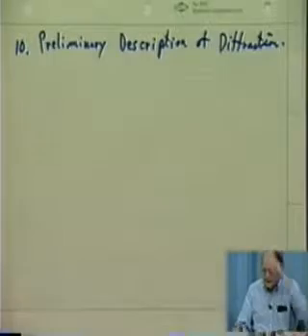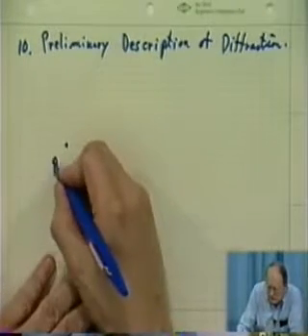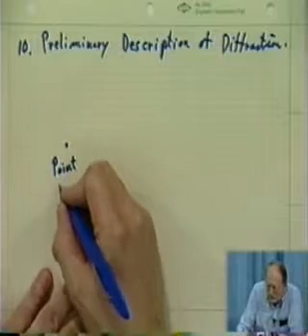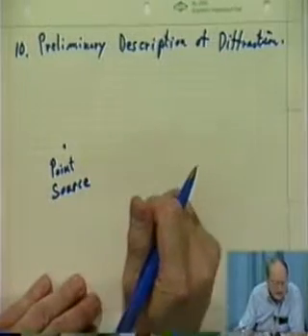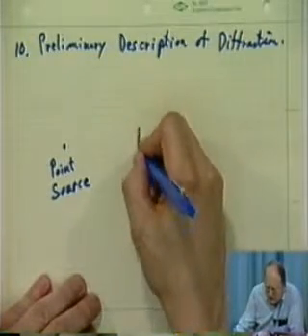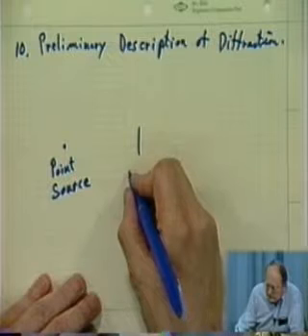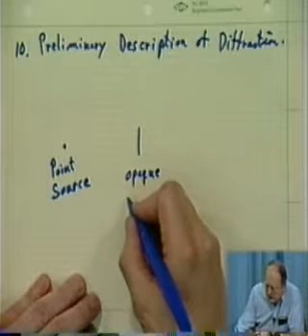So let's say we take a point source here. It's hard to find a real point source, but we're going to have a very small source, okay? And I'm going to put something here that's opaque. Opaque obstacle.